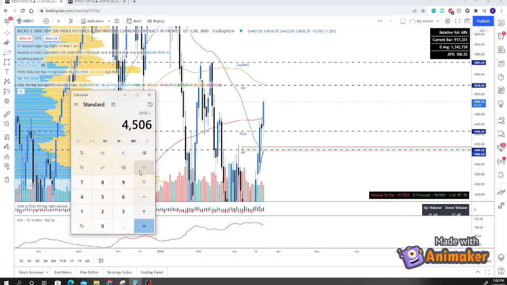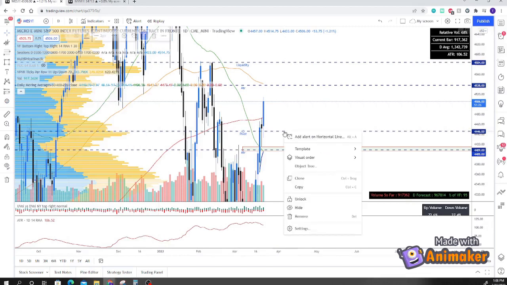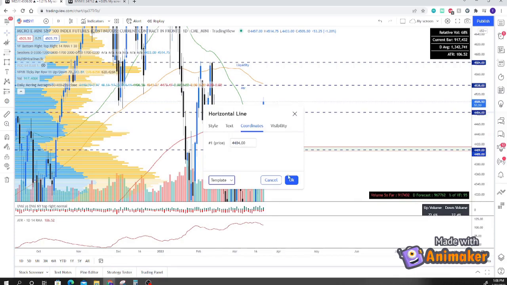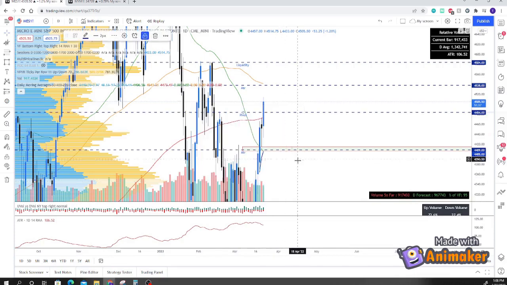We're going to divide that by 3. That gives us 44.84. So we'll go ahead and plot it. 44.84. There we go. So now we have our ranges.